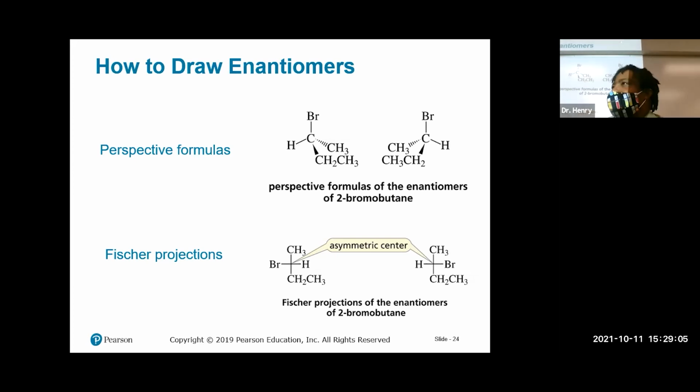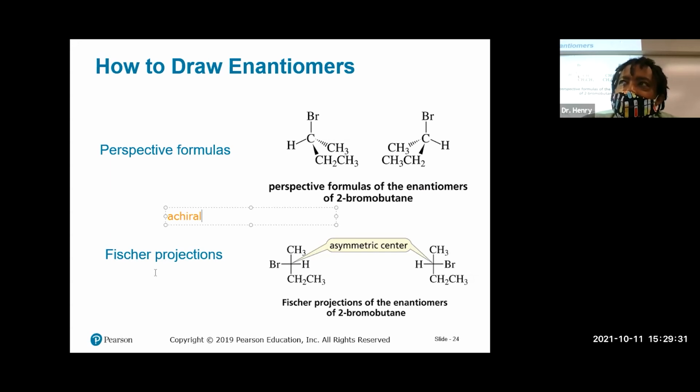I hate the word. Let me type it out. So enantiomers are, and not achiral. You see the distinction? I know it's subtle.